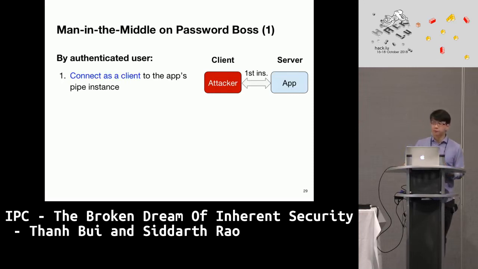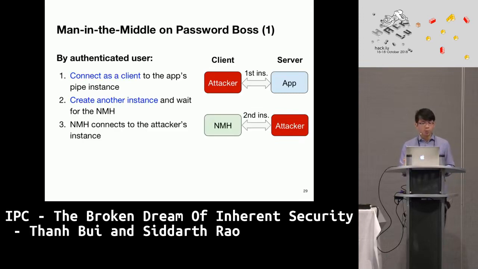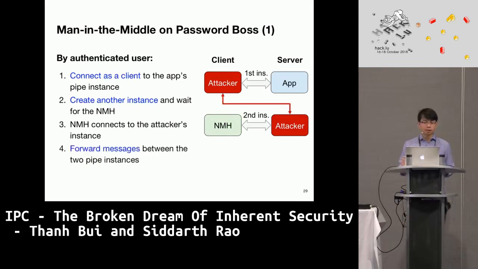Then the attacker creates another instance of the pipe and waits for a connection from the native messaging host. When the native messaging host tries to communicate with the app, it will connect to the attacker's instance because it is the only open instance of the named pipe. After that, the attacker simply forwards messages between the two pipe instances, and we have a man-in-the-middle attack.